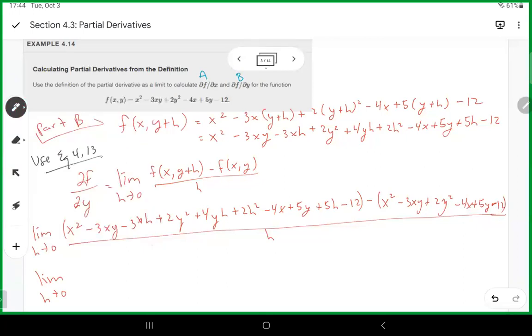Okay, so x squareds cancel, 3xy's cancel, 2y squared cancels, 4x cancels, 5y cancels, 12's cancel. Cool.